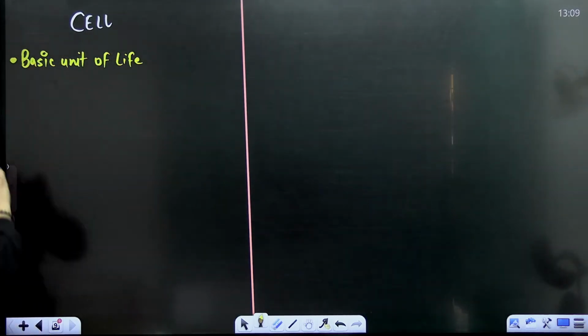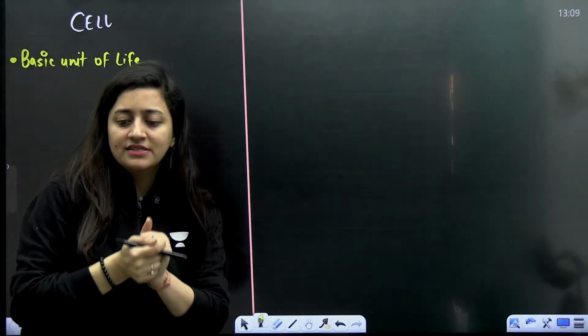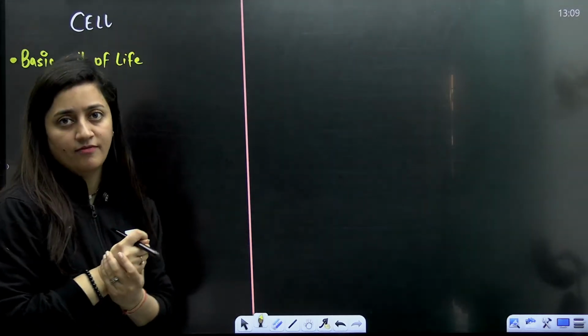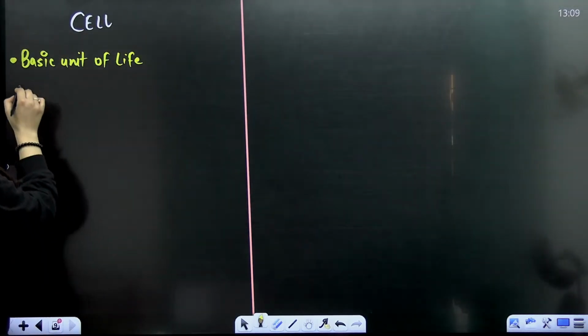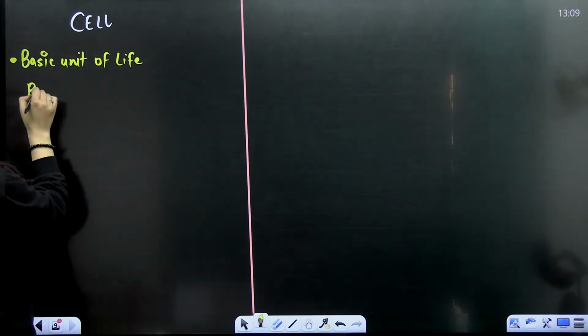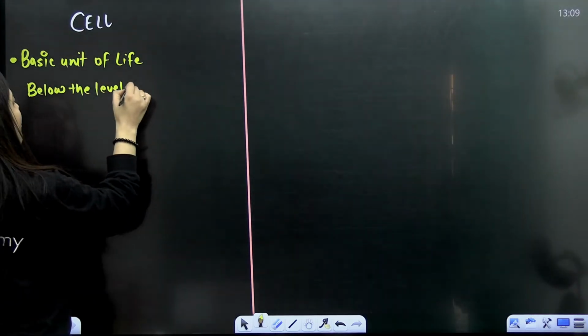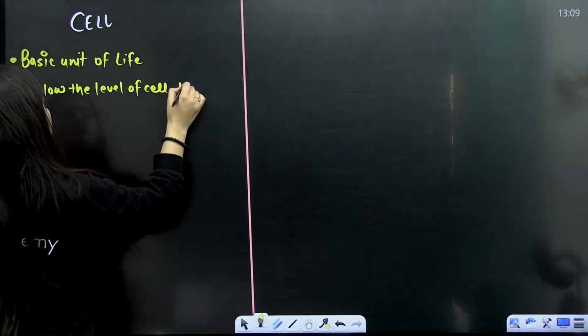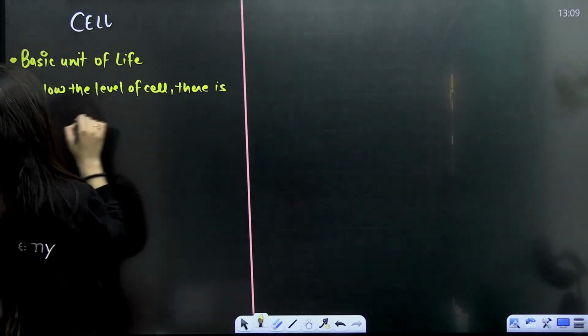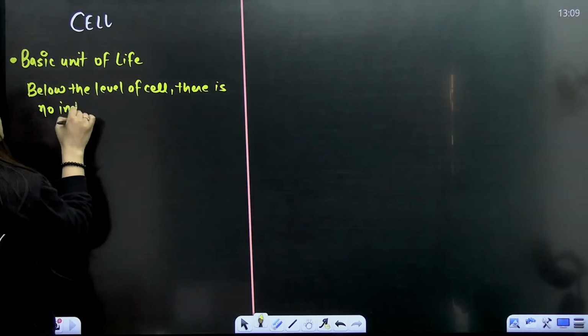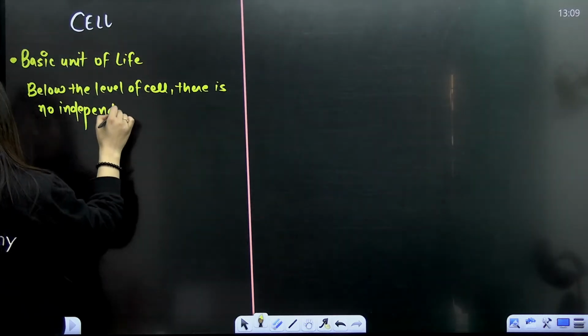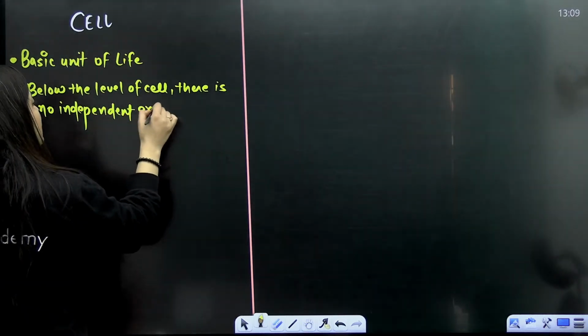Even in class 9th or 10th, we have studied that. It is the basic unit of life. Below the level of cell, there is no independent existence.